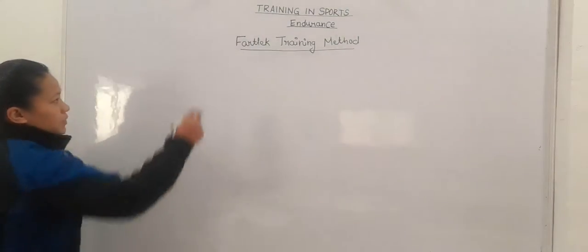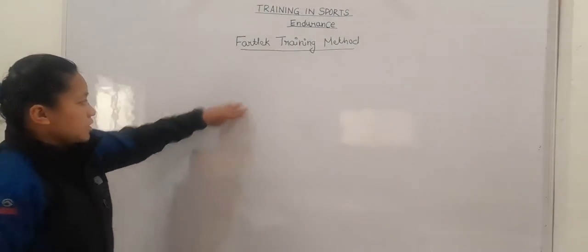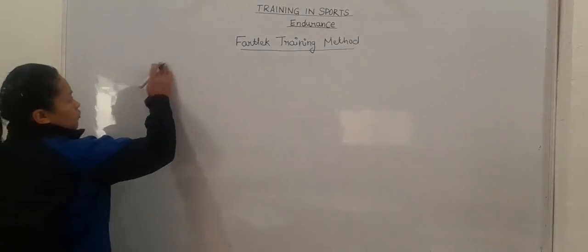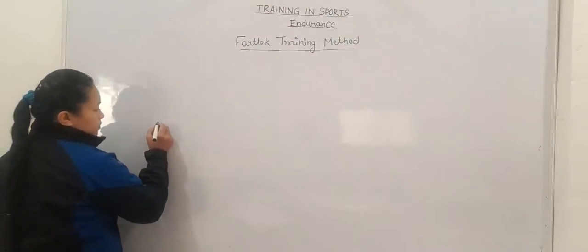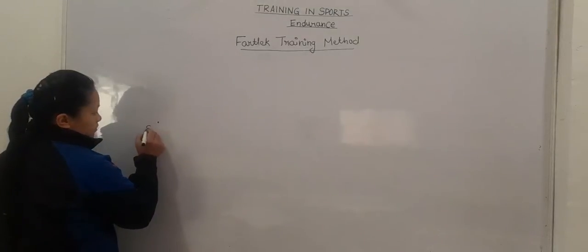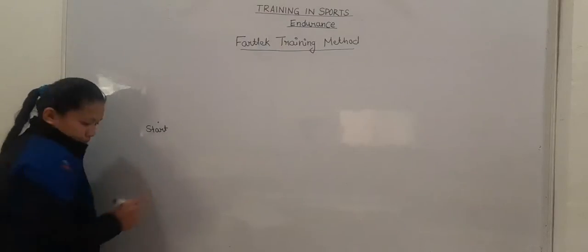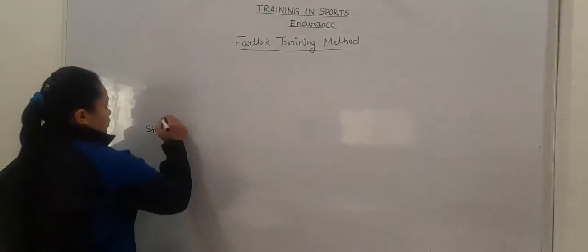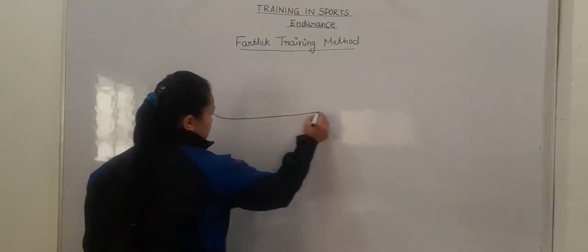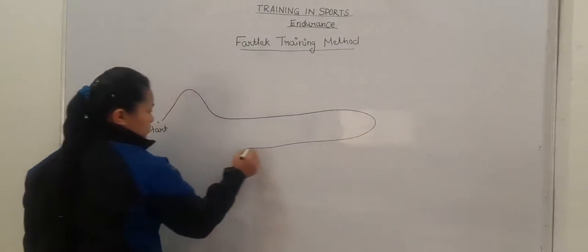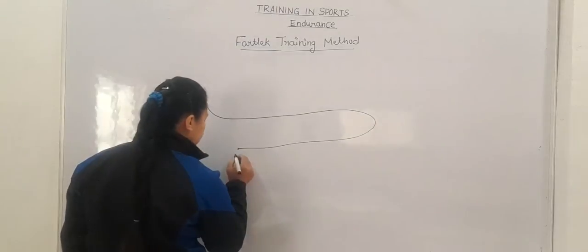Further, in this training method, the athlete performs in the natural environment. For example, this is the starting point and this is the end point, the finish point.